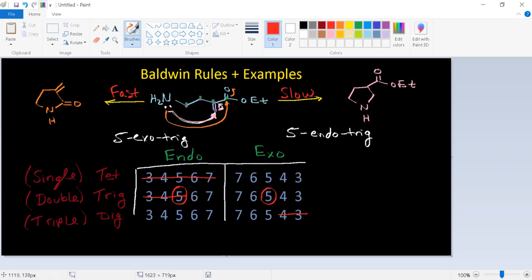You might see less than 1% of the stuff on the right in pink. So this kind of shows you that although the one on the left wasn't a beta attack, so it wasn't a conjugate addition of the amine like in the other problem, it was faster here. So it all depends on this chart.